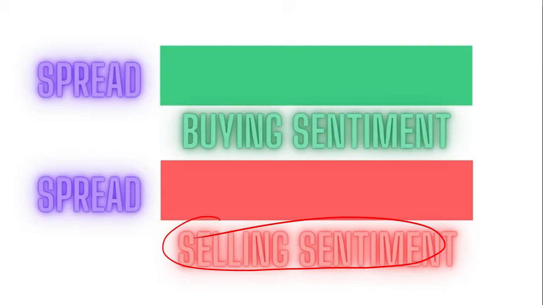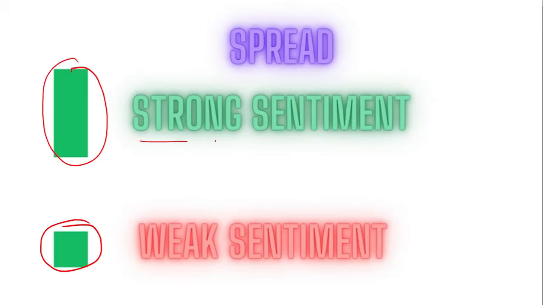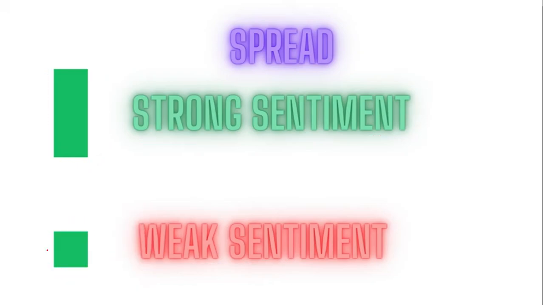On the screen, we can observe two types of spreads. A wide spread, which indicates strong market sentiment, and a narrow spread, which reflects weak sentiment. This is a narrow spread, this is a wide spread. This is weak sentiment, this is strong sentiment, isn't it?